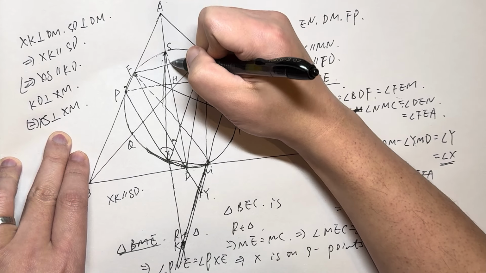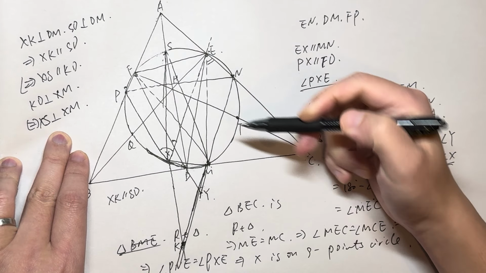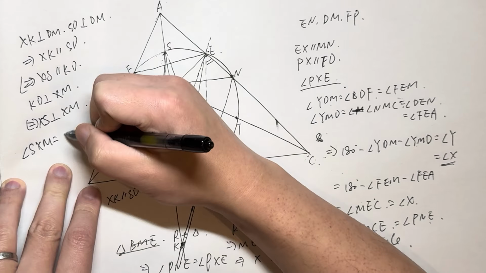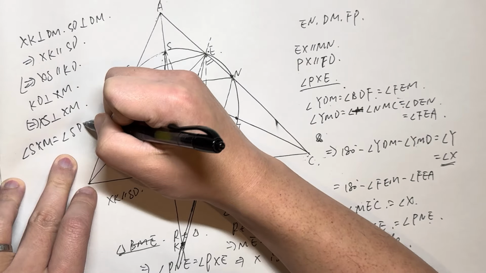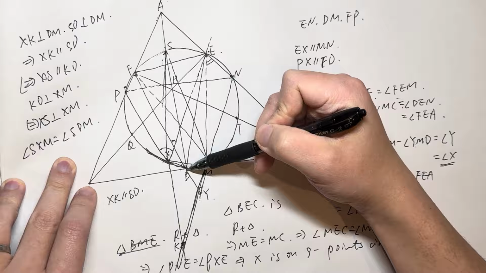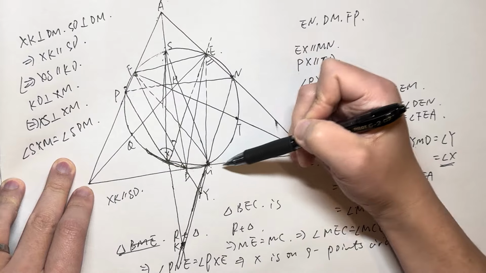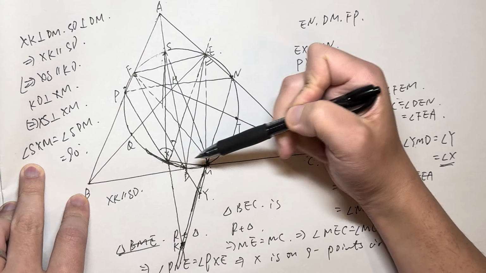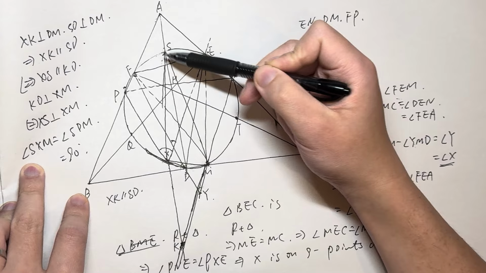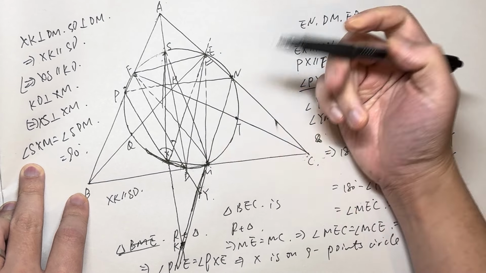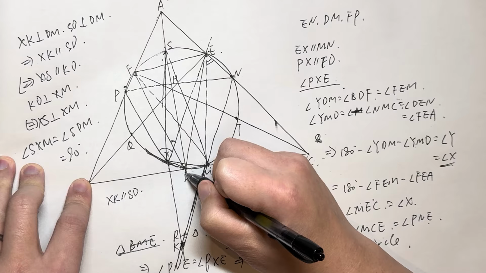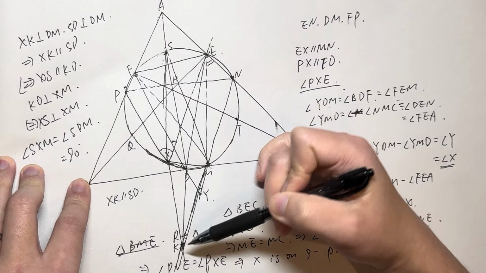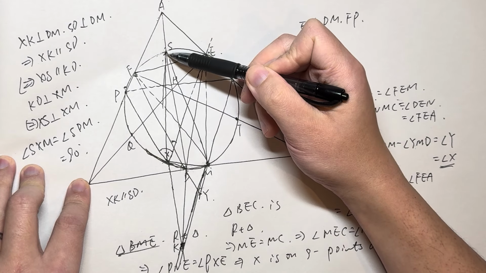right? And if we connect SM, we know that angle SXM equals angle SDM, right? Because SD is perpendicular to DM, so angle SDM equals 90 degrees. Then we know that SXM is 90 degrees, which means SX is perpendicular to XM, which means SX is parallel with KD. So SXKD is a parallelogram. Therefore, KX equals SD.